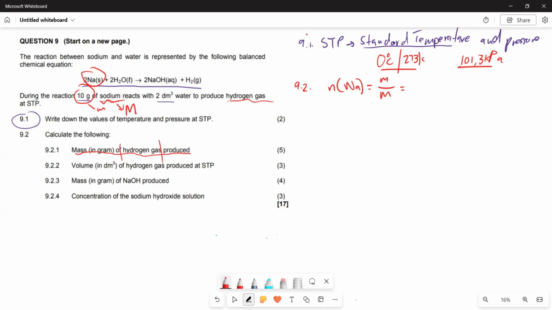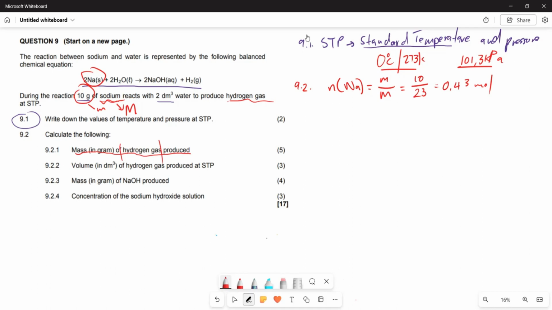The mass of your sodium is 10, divided by the molar mass, which I think is 23 for sodium. The number of moles is going to be 0.43 mole. That is the mole that you find for your sodium.